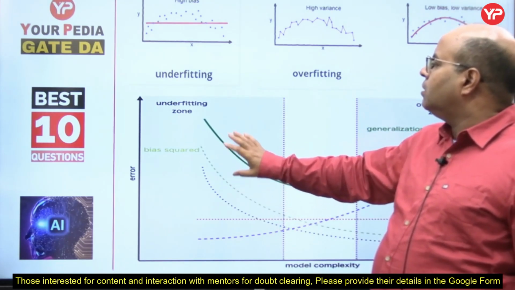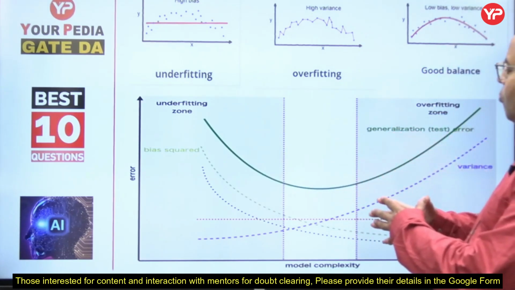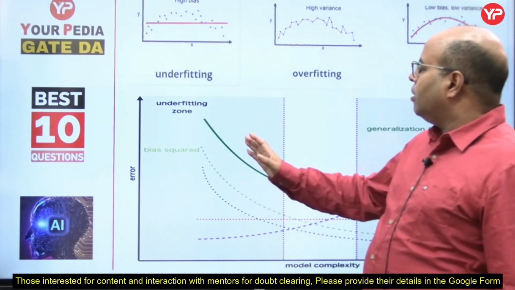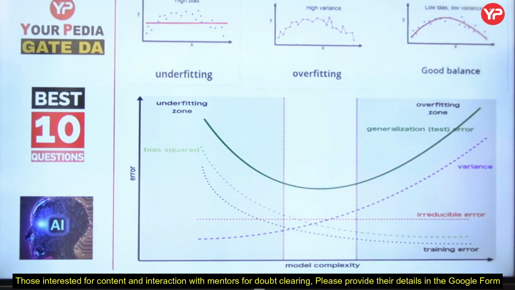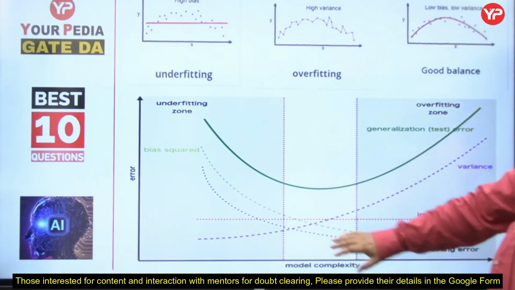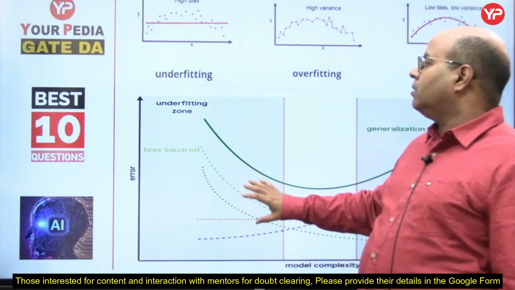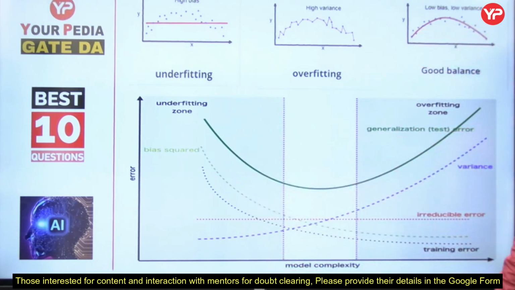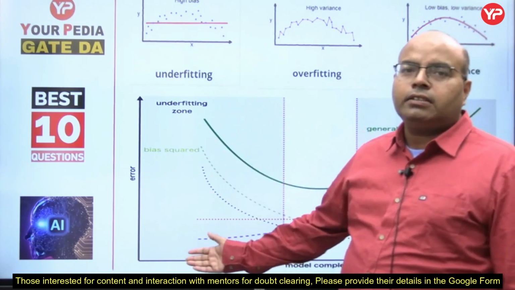But when we fit a very complex model, then bias error reduces but variance error increases. This is the overfitting zone and this is the underfitting zone. Here we have fitted a very simple model. As a result, underfitting has happened, bias error is high, variance error is low.